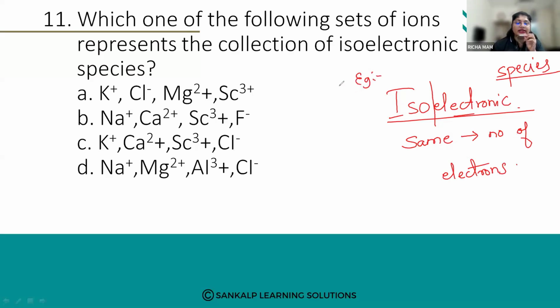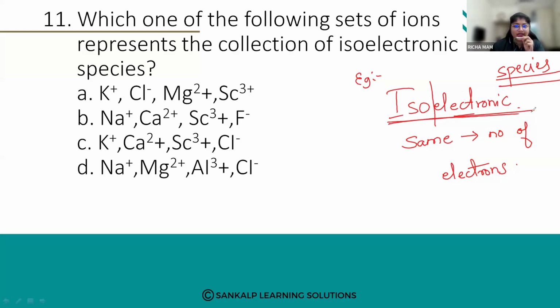This can be asked in your structure of atom as well as in classification of elements and periodicity. So you have to know the meaning of the word isoelectronic species.